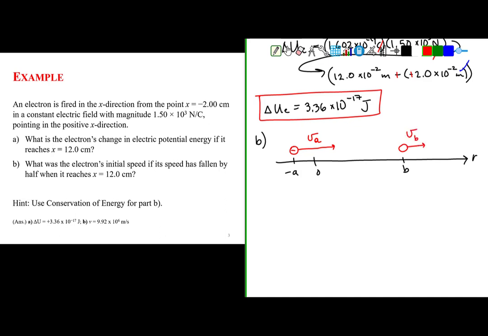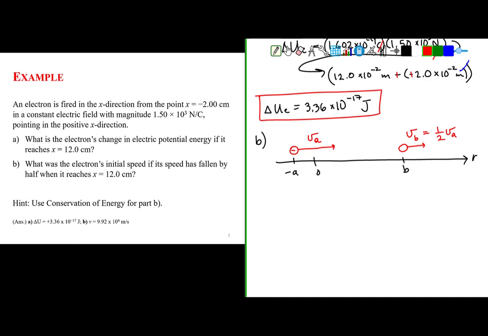We'll say this is the velocity at point B, and we know it's 1/2 the velocity at point A. Our goal is to figure out the electron's initial speed. What is its speed at point A if it's fallen by half when it reaches point B?